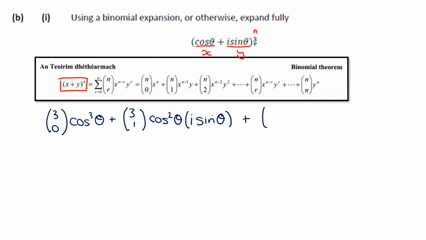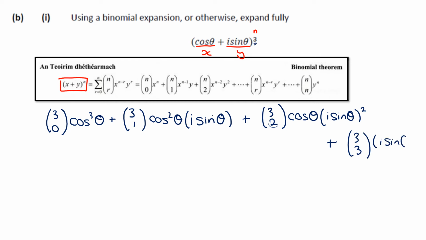Plus the next one is 3 choose 2, and then it's x to the power of 3 minus 2, which is just cos theta. And then we have i sine theta to the power of 2. Plus last one, 3 choose 3, i sine theta to the power of 3.